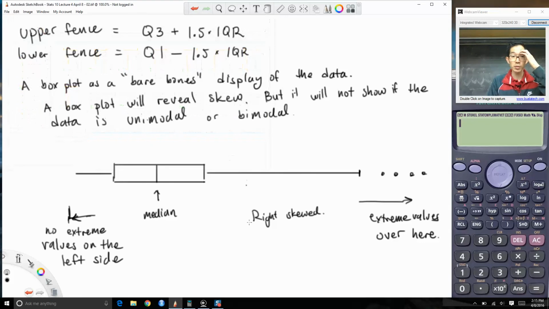So just from looking at the box plot, we can get a sense of whether it is right skewed or left skewed.